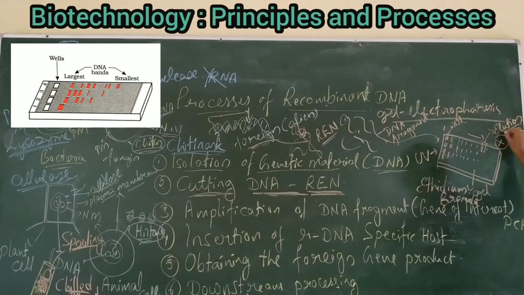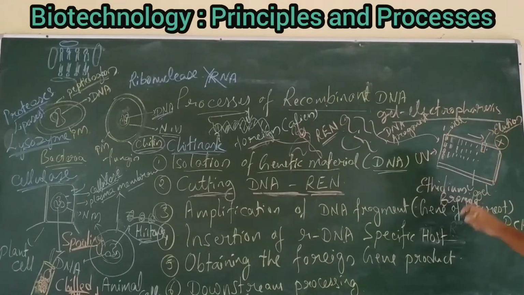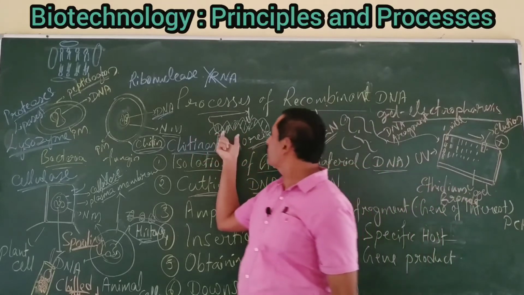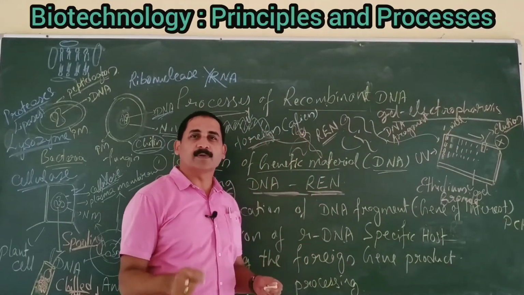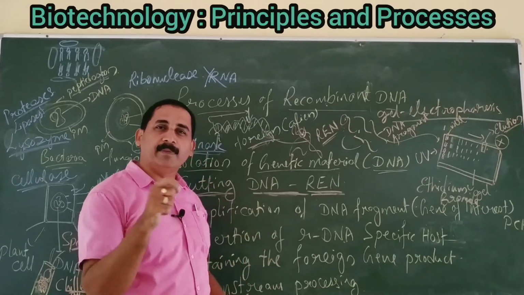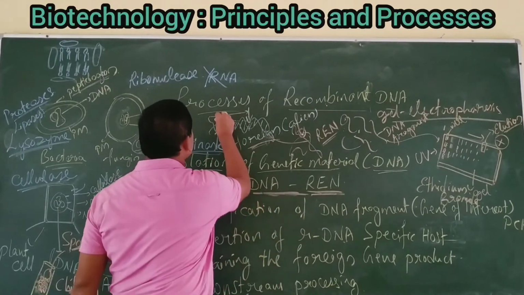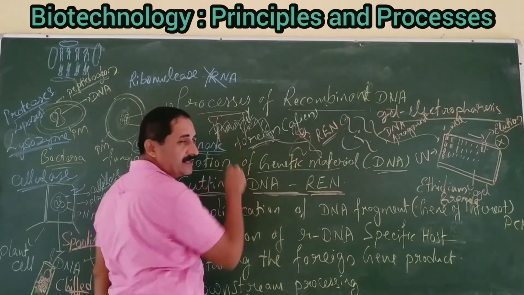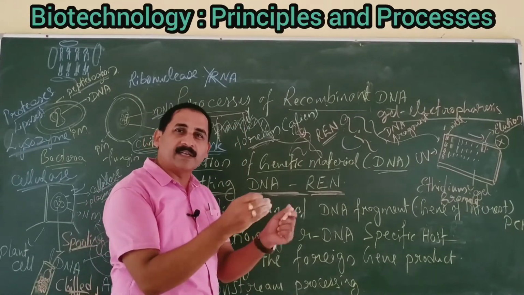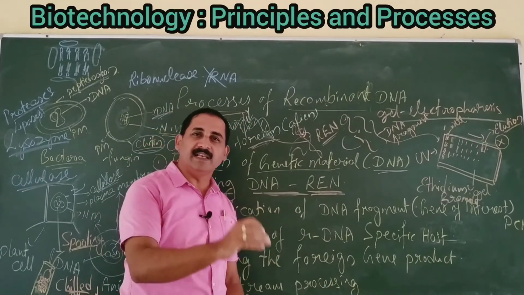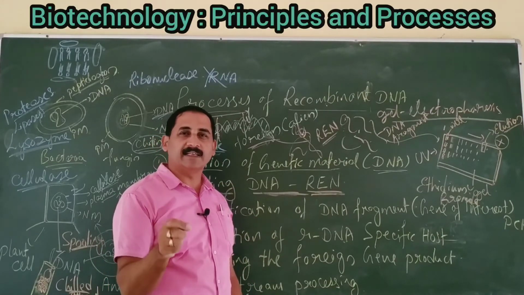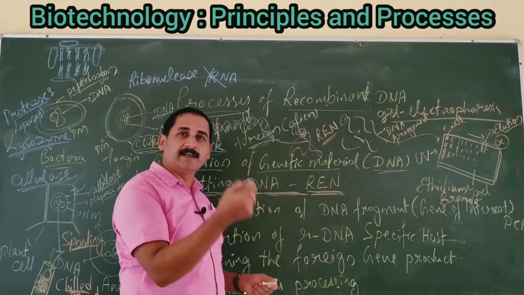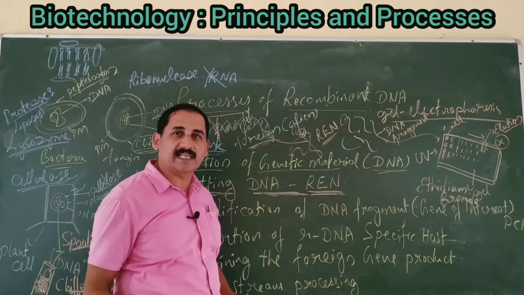So after the elution process, a single fragment of DNA, the target gene or foreign gene, is not enough, because in this process we have to use millions and billions of copies of this target gene. It is required, not a single one. We have to produce the rDNA in millions or billions of copies at a time, because one or two bacteria so introduced may be destroyed during the process or during the experiment.